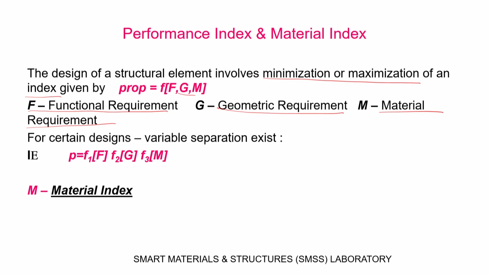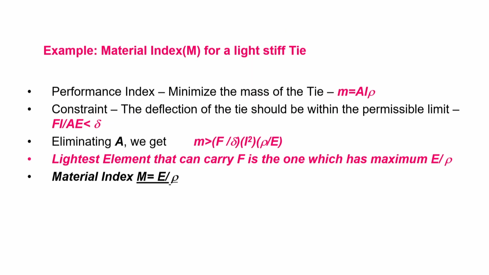And for certain designs, luckily, not for all designs, towards the end I will show you how you can get these things coupled. But for certain designs, luckily the separation exists. That means you can consider the functional properties separately, geometric properties separately, and the material property index separately. Now, for material choice, we will go for this material index specifically. So, let us see how we can do that further.